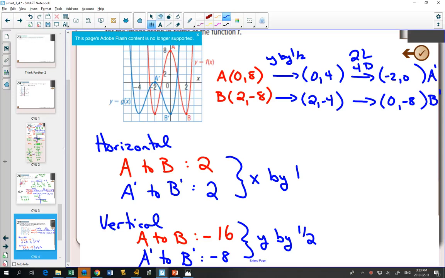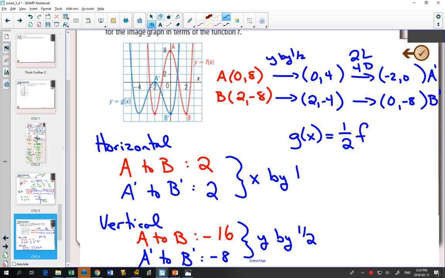And now that I've filled those things above the arrows, I'm able to write the equation in terms of the function f. I can say that my blue graph, g of x, is going to equal y by a half. That happens outside of the function. 1/2 first. 2 to the left will happen inside the function as x plus 2, and 4 down happens outside of the function as minus 4.